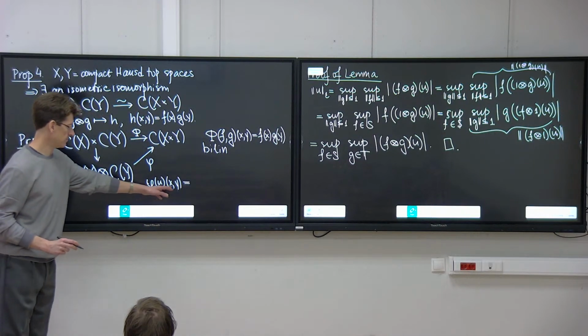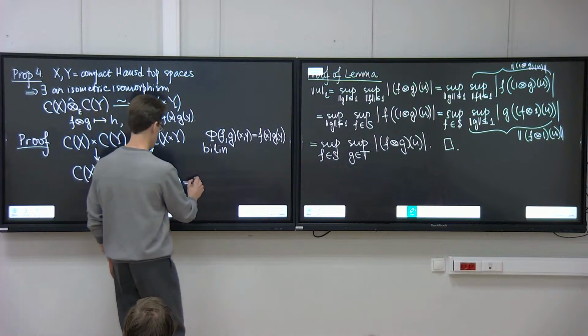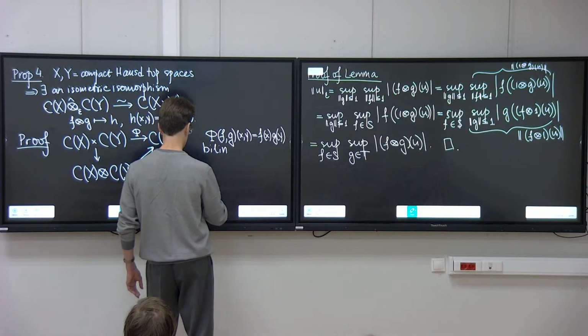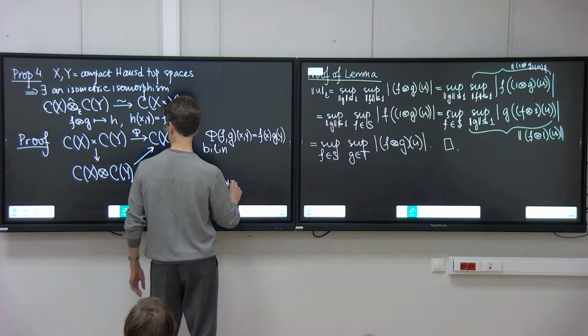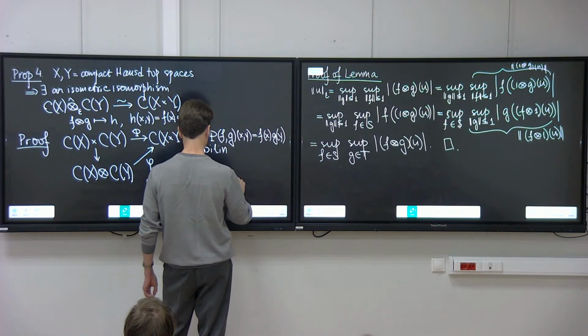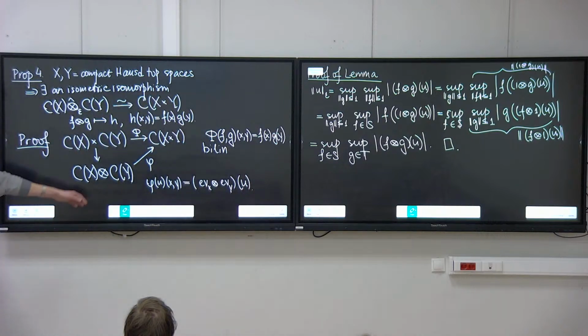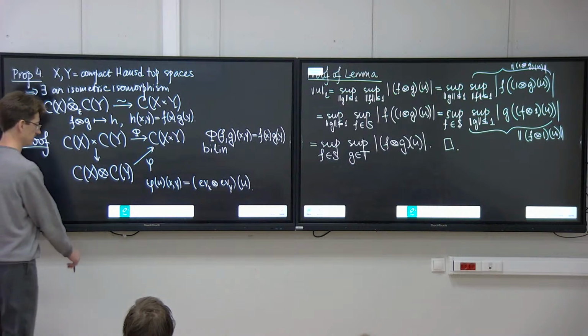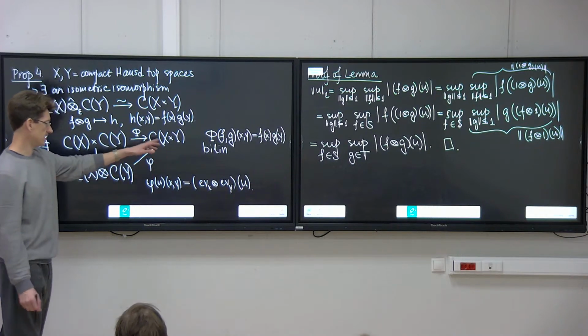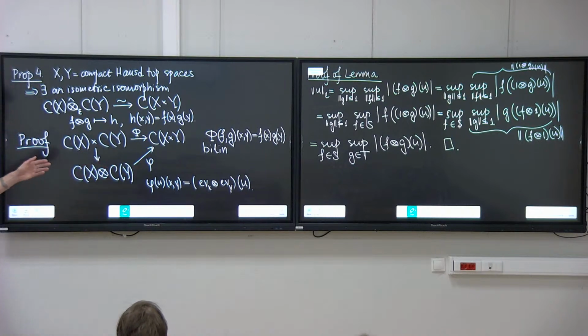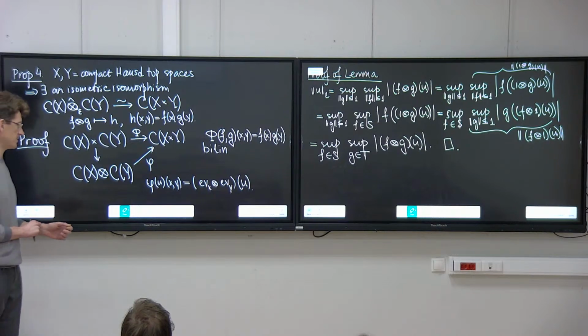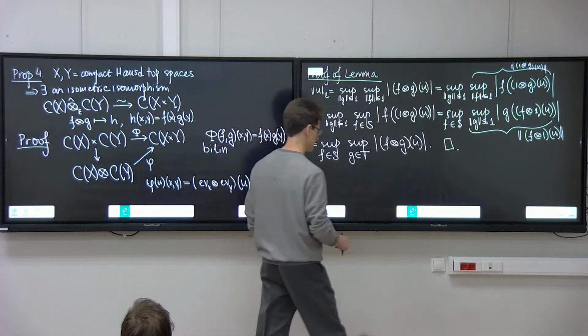So this function evaluated at x and y is the following functional applied to u. Indeed, this is true if u is an elementary tensor, by the commutativity of the diagram. And since this is true for the elementary tensors, by linearity, this is true for all elements in the algebraic tensor product.